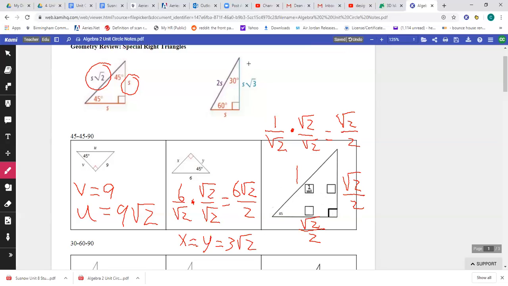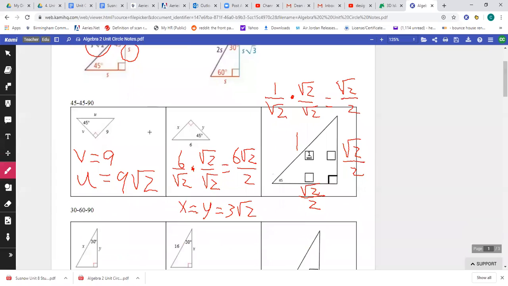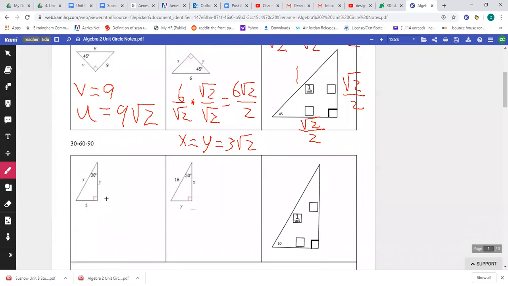Now we're going to do a quick review of what we did Monday. Look up here. This is the 30, 60, 90 triangle. And here's the relationship. If you know the short leg, you just multiply it by √3 to get the long leg. And then if you know the short leg, you just multiply it by 2 to get the hypotenuse. So for example, let's look at the first 30, 60, 90 triangle here.